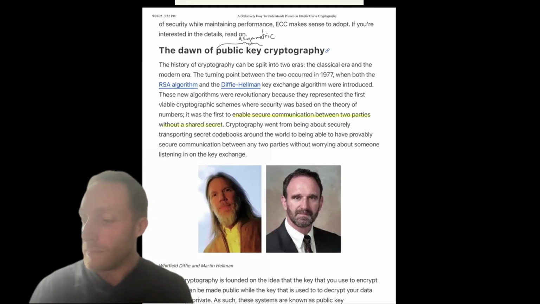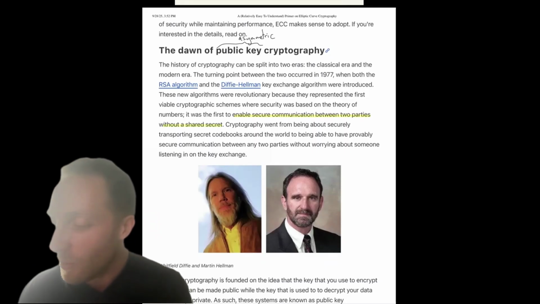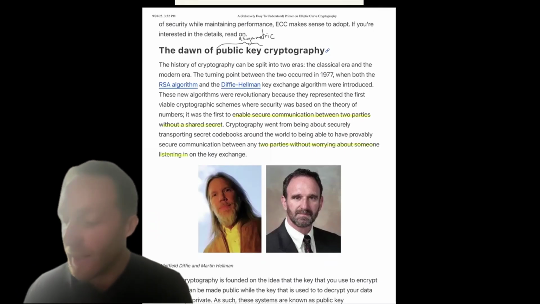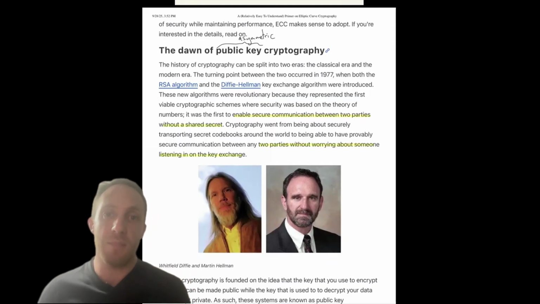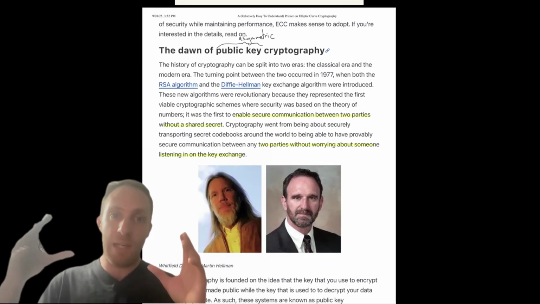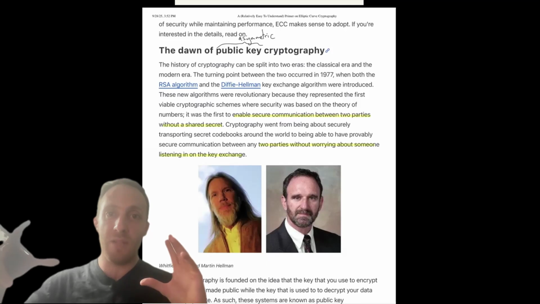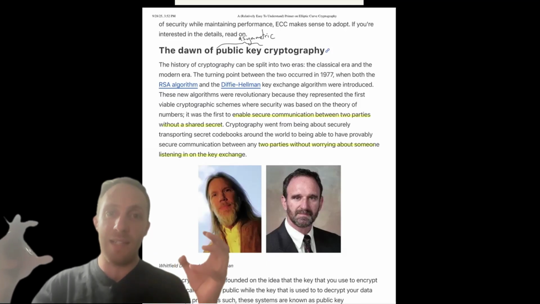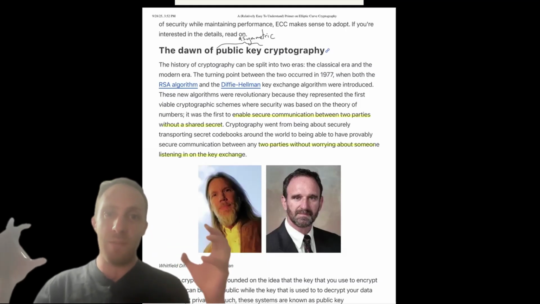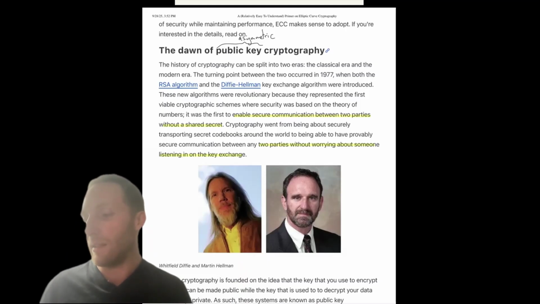And this also means that two parties communicating over an insecure channel, meaning the internet, where anyone can be listening to the communication and can see the bits being sent, can still come to a shared understanding and create a shared secret that only both of them know, despite everyone else having been listening to all the traffic. And this is the Diffie-Hellman key exchange algorithm.